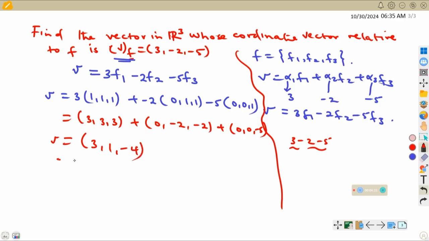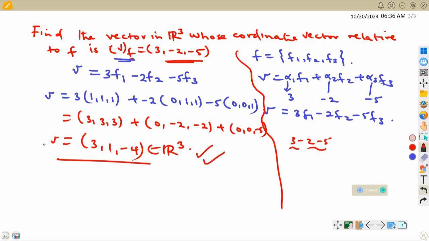So we shall be in position to get v, which is a vector from R3, whose coordinates relative to the basis f are the ones given, because we can easily see that this v can be written as a linear combination of f1, f2, and f3.